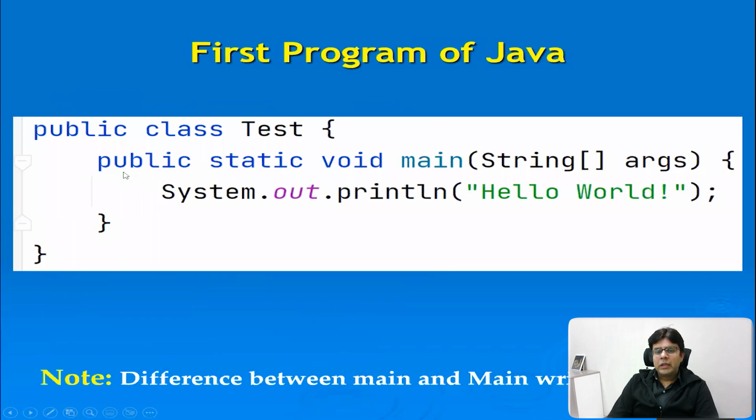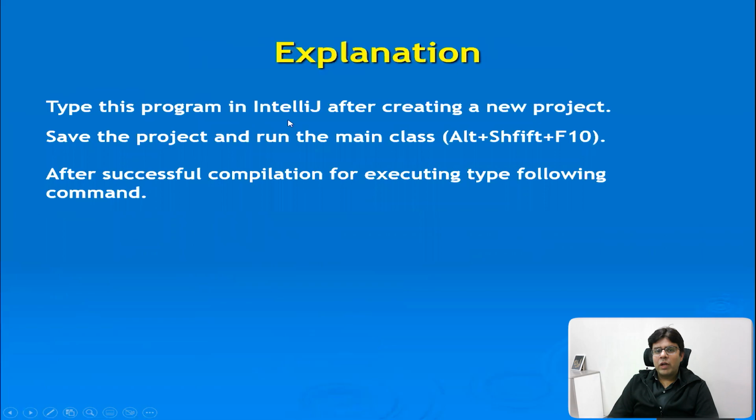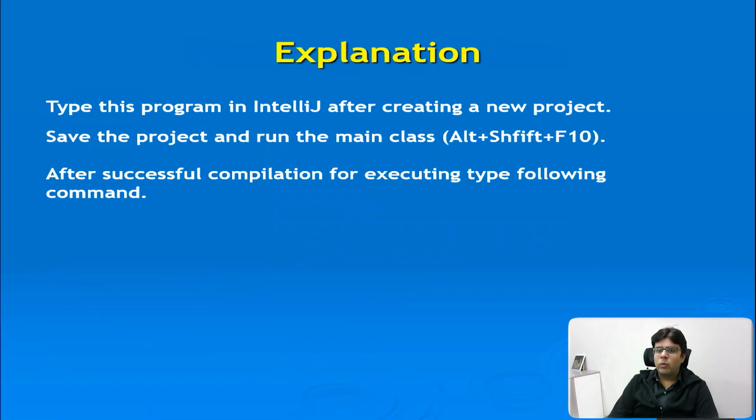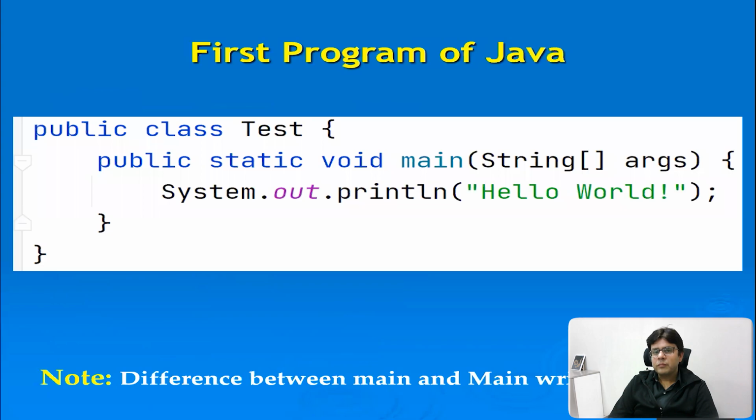If you want to run this program, you just press Alt plus Shift plus F10 in IntelliJ, and the program will run and show you the outcome, Hello World, on the screen. Remember, Java is a case-sensitive language. Public should be in lowercase, class in lowercase, and this is your class name.